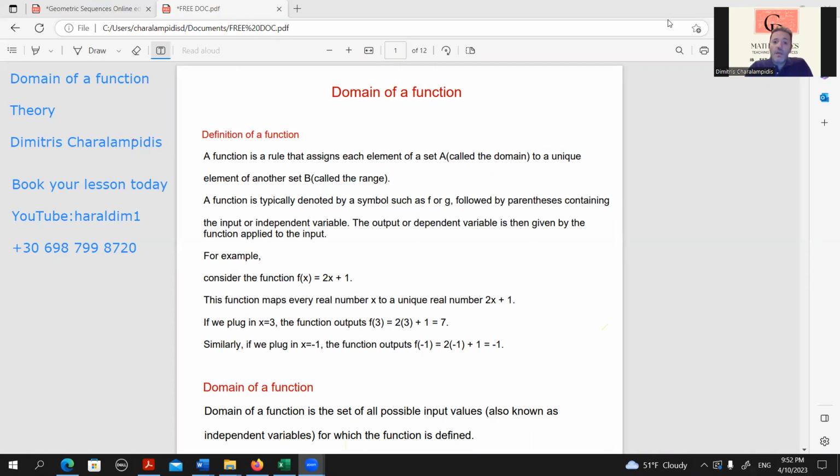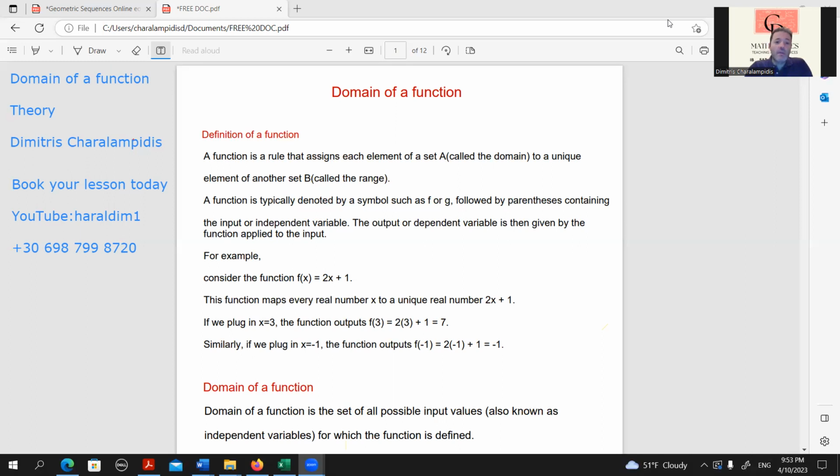A function is typically denoted by a symbol such as f or g, which is followed by parentheses containing the input, or otherwise the independent variable. The output or dependent variable is then given by the function applied to the input.